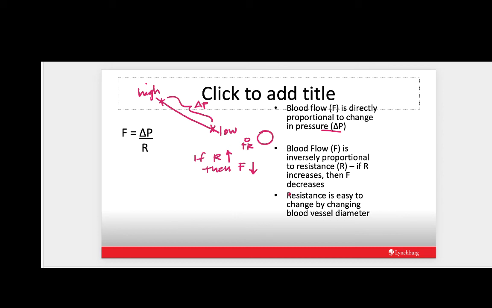Now, one of the things to keep in mind is that resistance is really easy to change in our body. In fact, we can change it really, really quickly because we have a lot of control over blood vessel diameter.